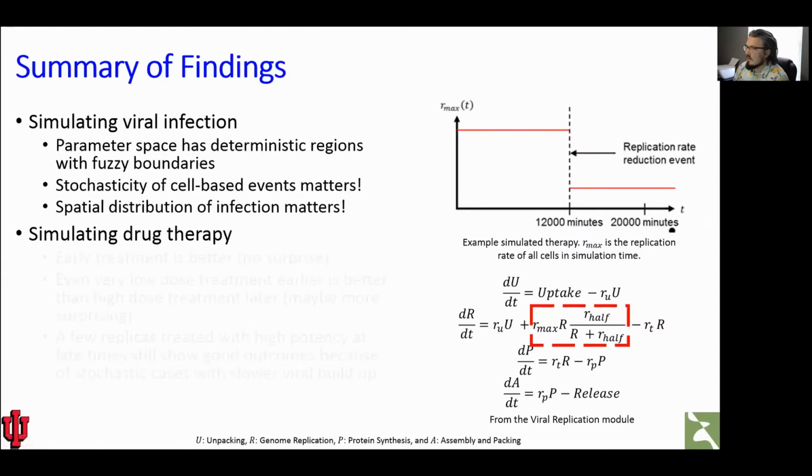And then lastly, we concluded our sweep of the results that we've done so far by doing an overview of a simulation of drug therapy, as just mentioned. And these simulations would simulate something like a drug intervention that reduces the rate of genomic replication inside of infected cells.